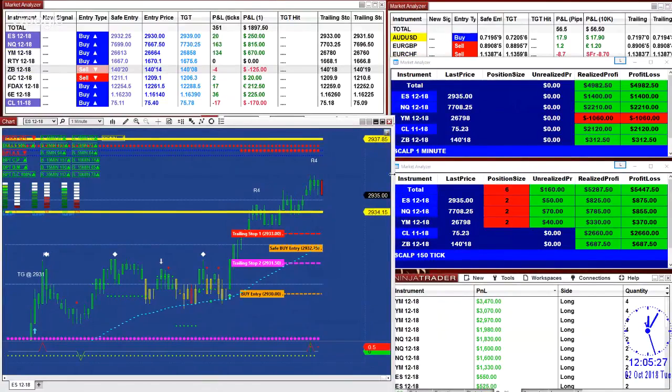Turn on your filters on the scalper and restart your scalpers 10-15 minutes after the Fed's news.